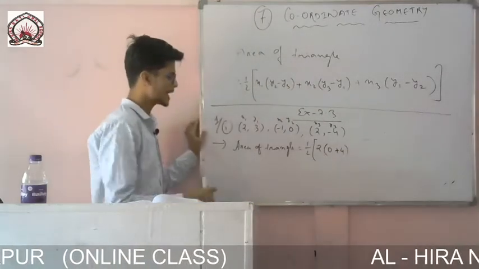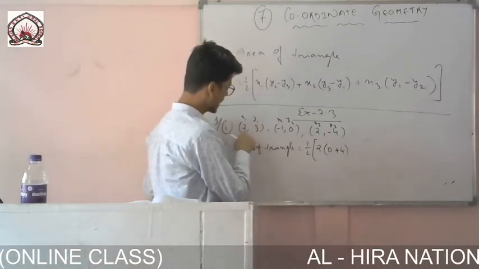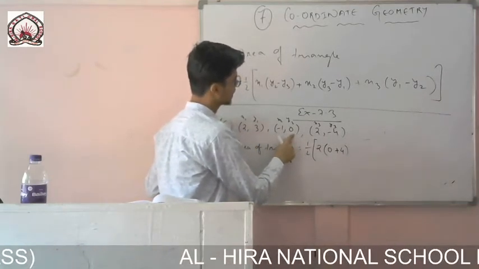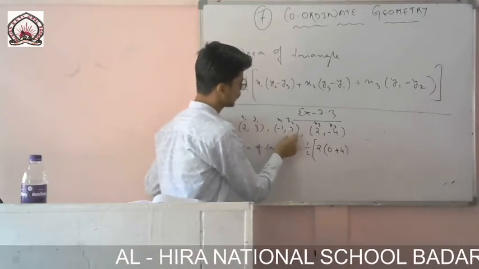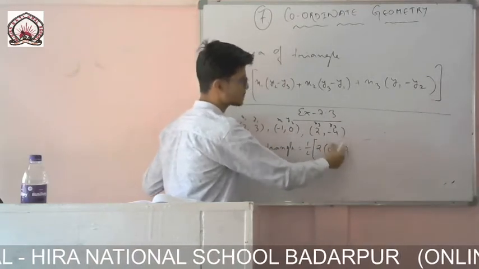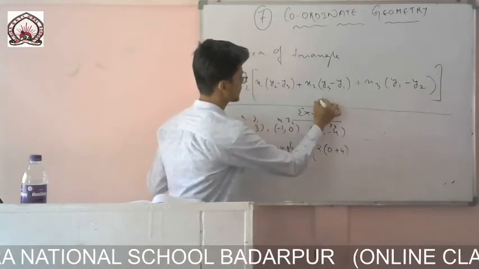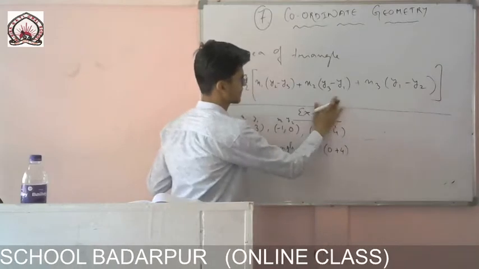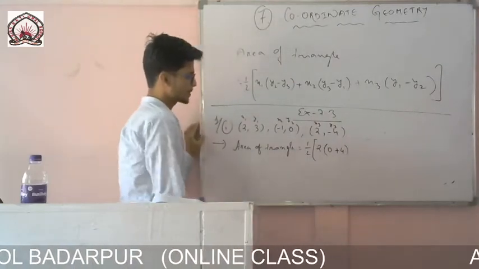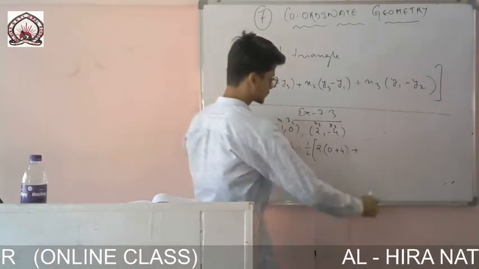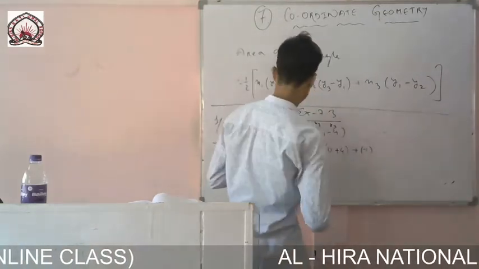Directly I am writing: x1 into (y2 minus y3). So y2 it is 0 and y3 it is minus 4, so minus minus becomes plus 4. Then in the middle it is plus, then again x2, that is minus 1.